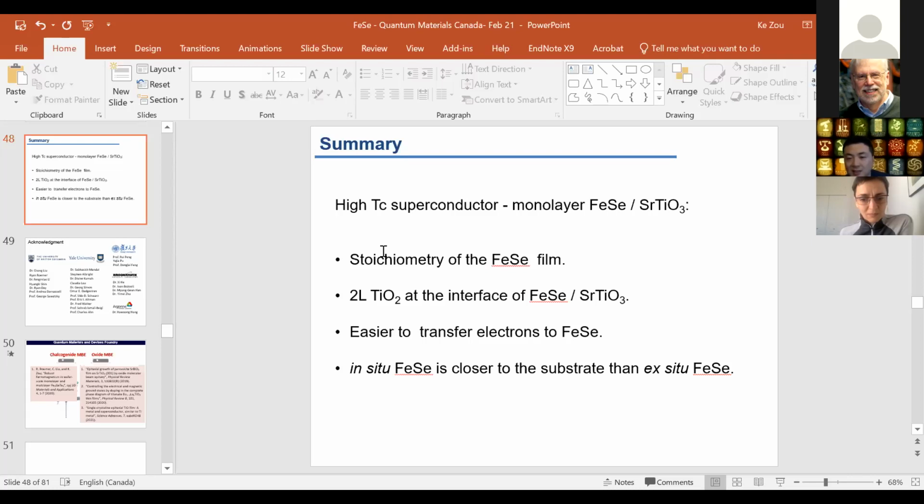Also groups like Stephen Louie's group and Marvin Cohen's group have been publishing papers on monolayer iron selenide, and the calculated band structure is always different from the measured one for some reason. Okay, I mean, that means the correlation is important, I guess. Yep, maybe.